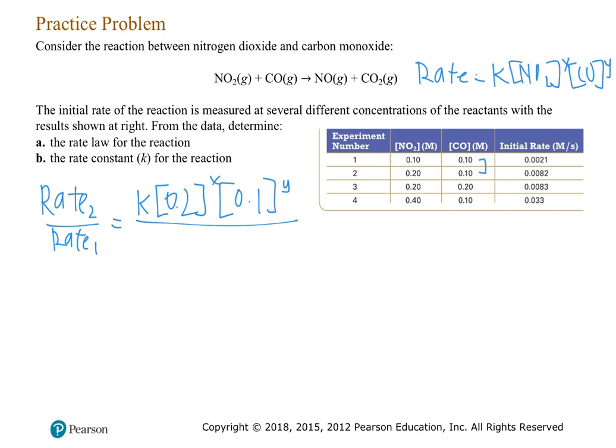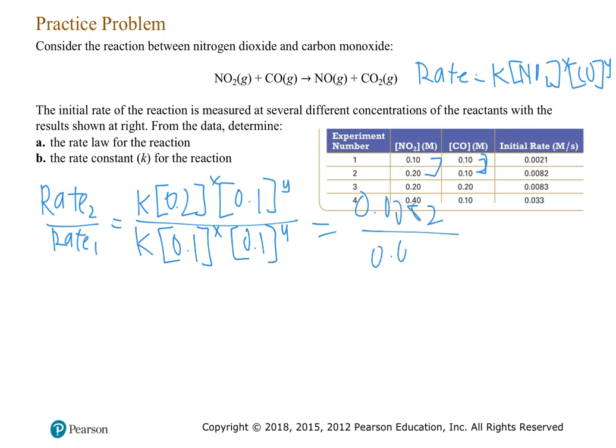Then we're going to do rate 1, so K again, times 0.1 for nitrogen dioxide to the x, over again 0.1 for carbon monoxide to the y. And that whole thing equals 0.0082 divided by 0.0021. So notice our K's cancel out, and 0.1 to the y over 0.1 to the y cancels out. So that's why we could do that.